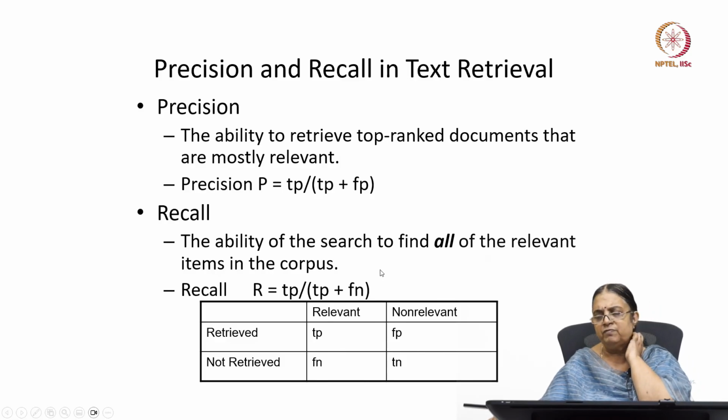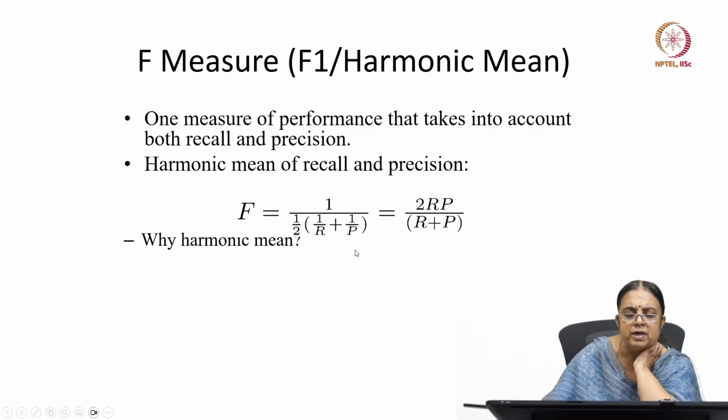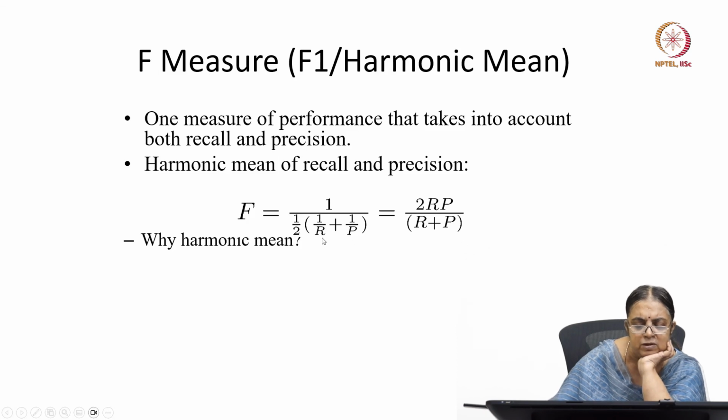In the case of imbalanced data sets, you can check out the precision and the recall. What you want is for the precision and recall both to be as high as possible. Another thing you have is what is called the F measure. The F measure is the harmonic mean between the precision and the recall.